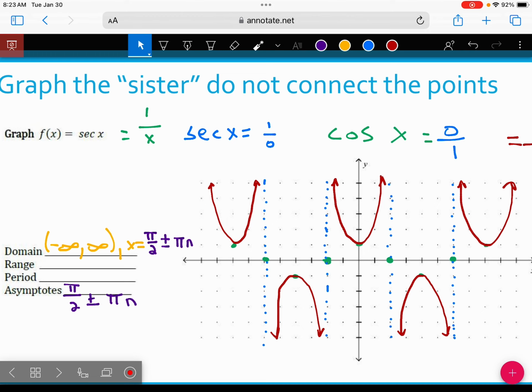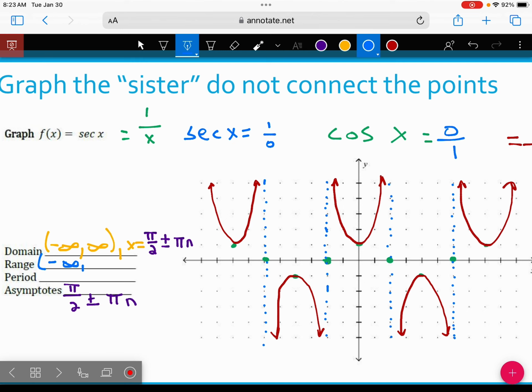From there, our range is pretty similar, just a little bit different than what we've been doing for sine and cosine. The bottom of the range, think about it, the lowest y value, well, these are going to go down forever. So our lowest y value is going to be negative infinity. And then there's a break in our range.